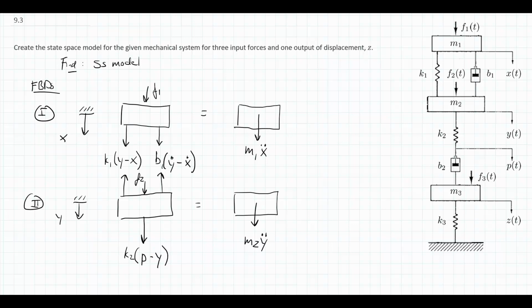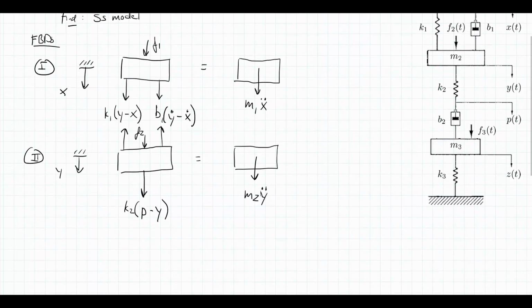And now we work our way down a little bit more because we can now do the node. So the node has a displacement P, and we'll stick with what is given, that P is positive down. So acting on the node is going to be this tensile spring force up.